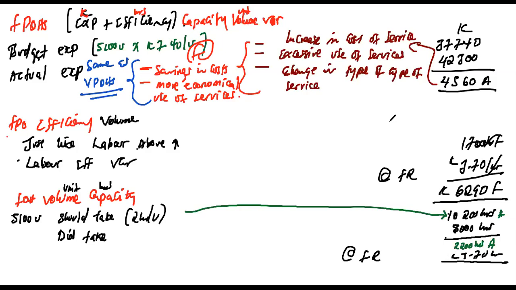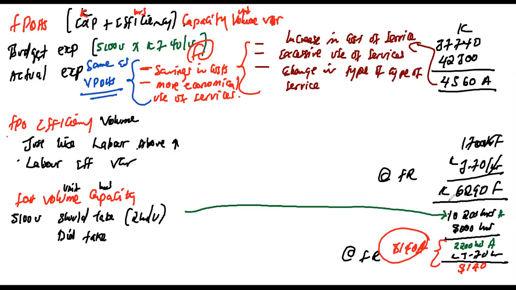So how much is the variance there, the adverse variance? 8,140. Can you see that? So the difference between those two is 8,140 adverse.